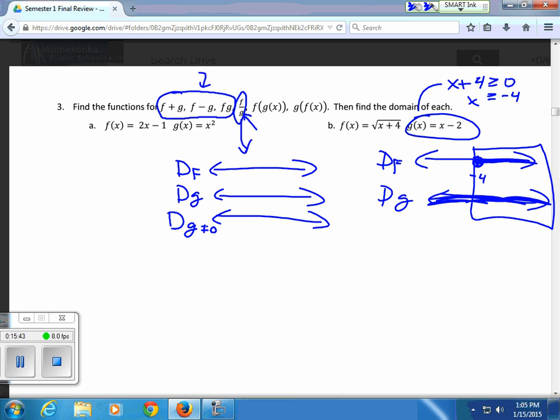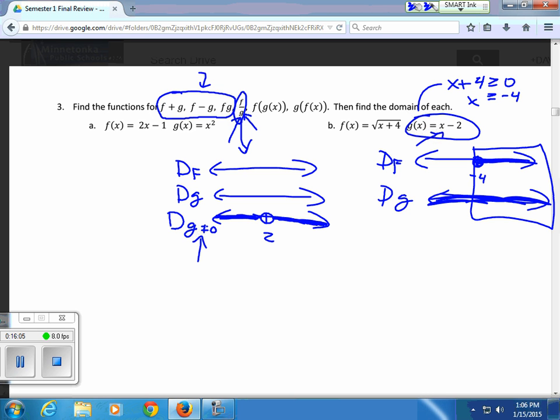So now we have to figure out what would make this equal 0, and it can't be that. If I put in a 2, it would make this equal 0. So it can't be 2, but it could be anything else. This number line is only saying what would make the denominator be 0.